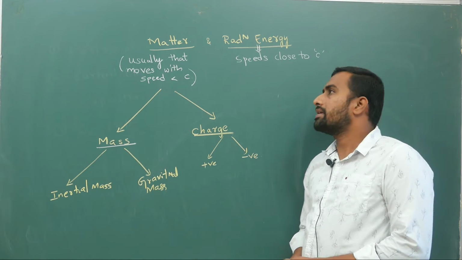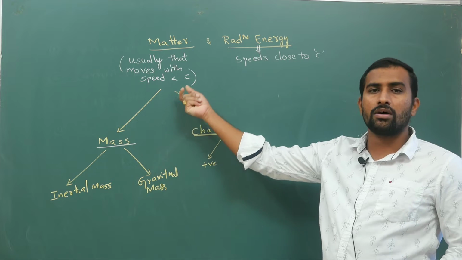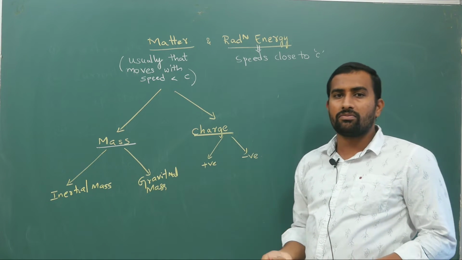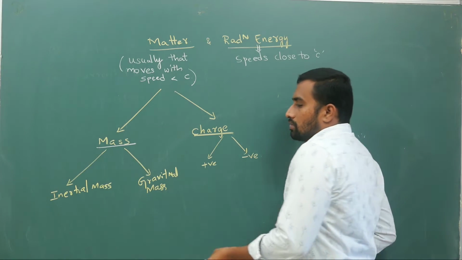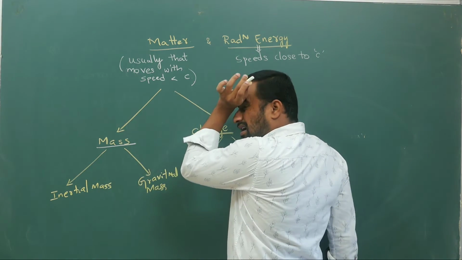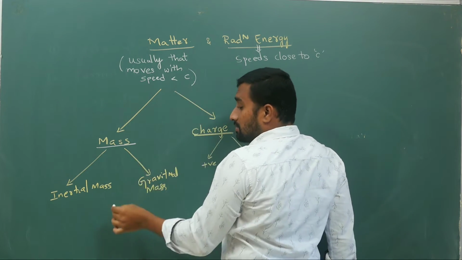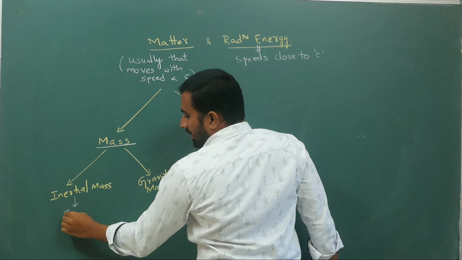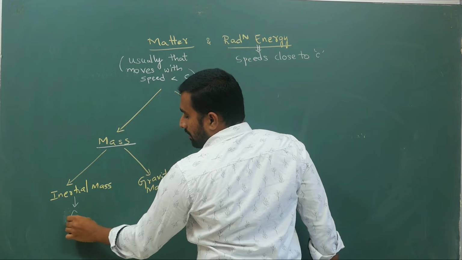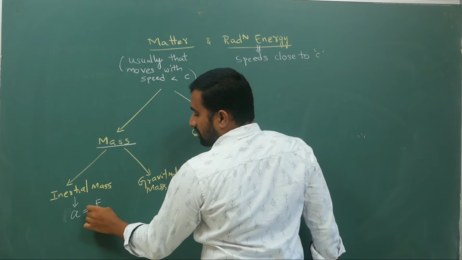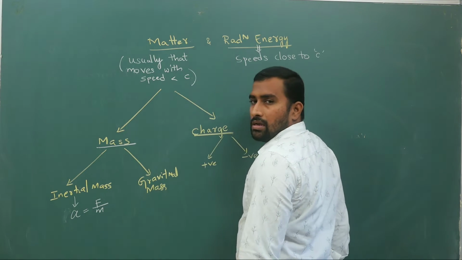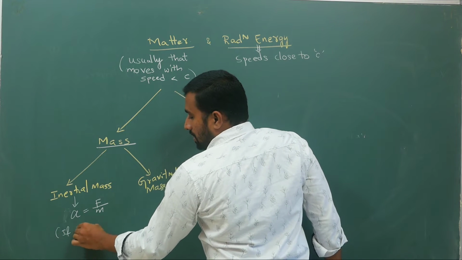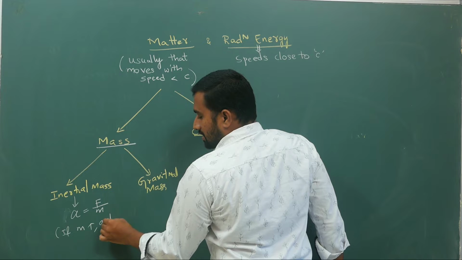So it usually moves with speed less than the speed of light, and for matter particles only we usually talk of mass and charge. Now to understand better, I might have explained this in gravitation, but I'll remind you once again. If you are writing F equal to ma, your acceleration is force by mass. Now in this case, if m is more, acceleration is less.